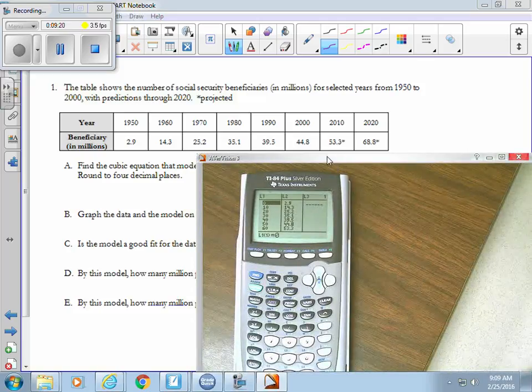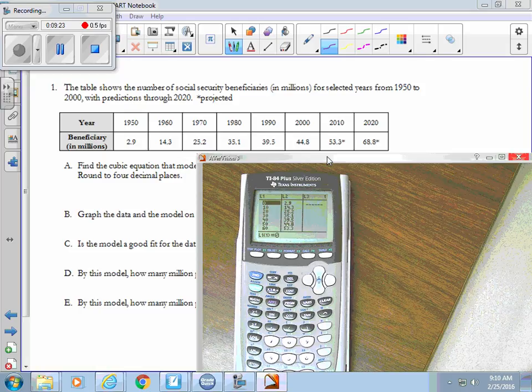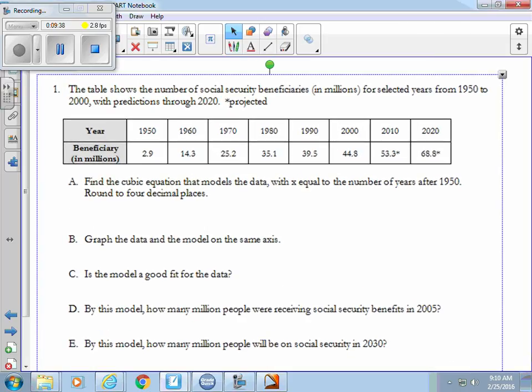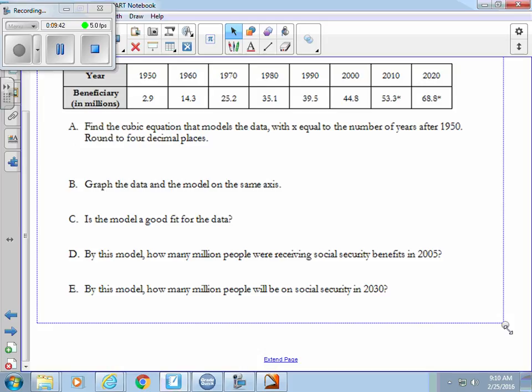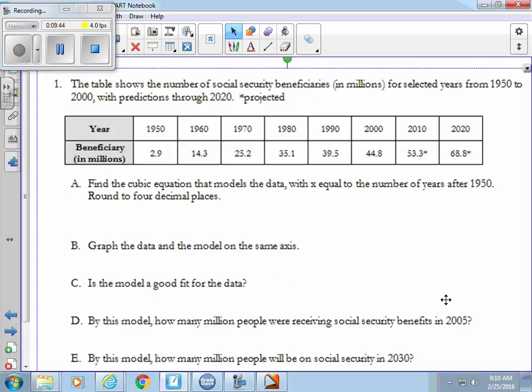In L2, I'm going to type the bottom row of data. The beneficiaries in millions. Make it a little bigger. It is 2.9. That help any?